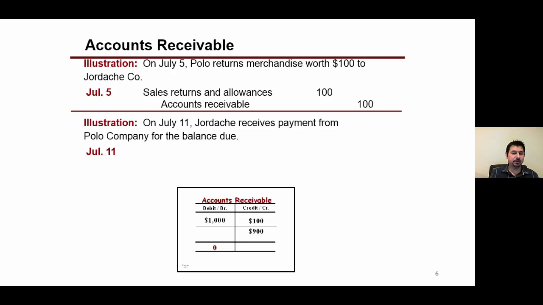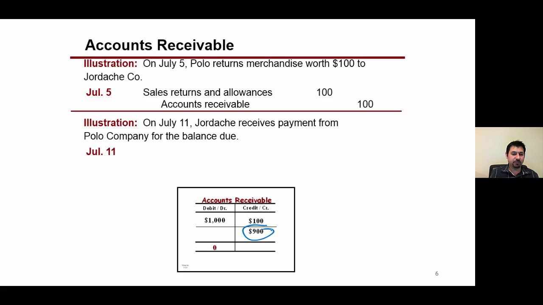So here the company debited sales returns and allowances, which is a contra revenue account, and at the same time they needed to decrease accounts receivable, so they credit accounts receivable $100. At this point, the customer owes the company $900 and not $1,000 anymore because they have returned $100.